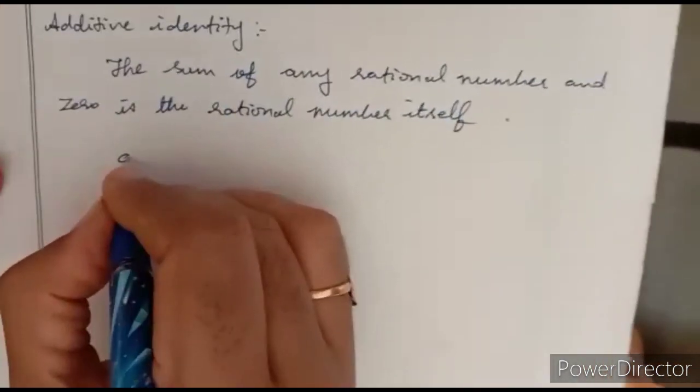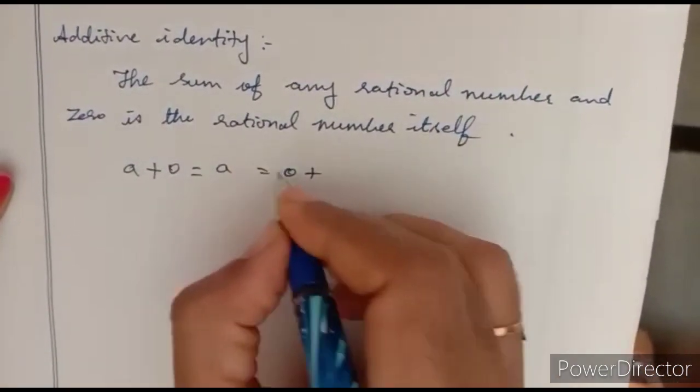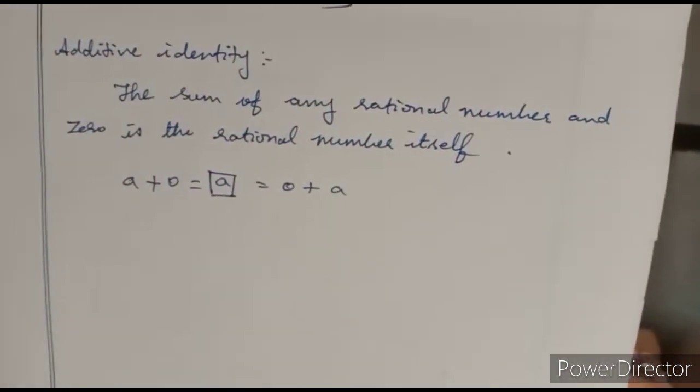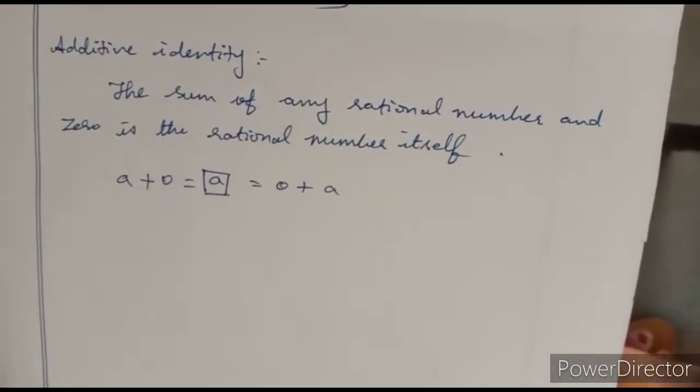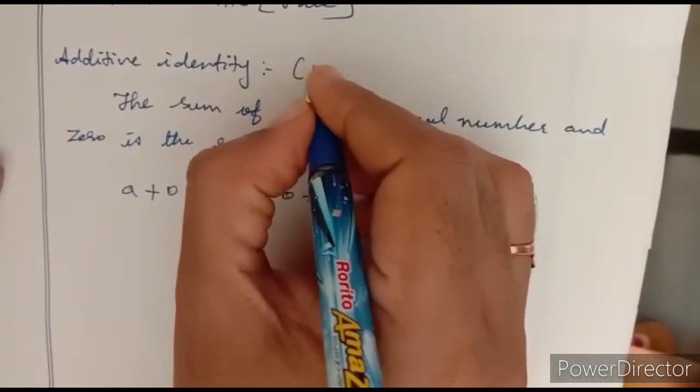Therefore, a plus 0 is equal to a, which is equal to 0 plus a. Therefore, the sum of any rational number and 0 is the rational number itself. Therefore, additive identity is 0.